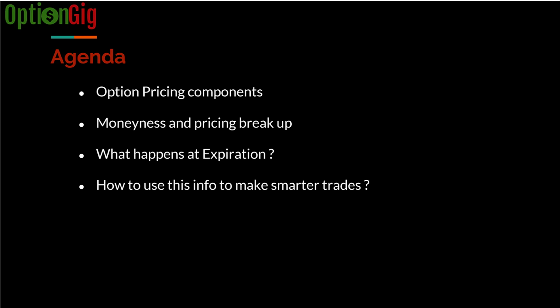Then we will look at what happens to the different option pricing components at expiration. And lastly, we will understand how to make use of this information to be a better trader, to make smarter trades, to be those 5% option traders who are profitable. All right, without any further ado, let's dive right into it.